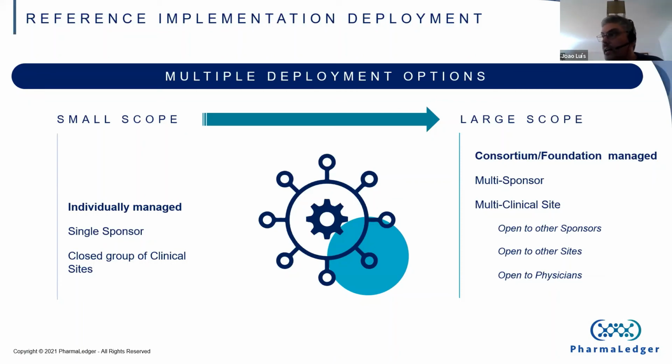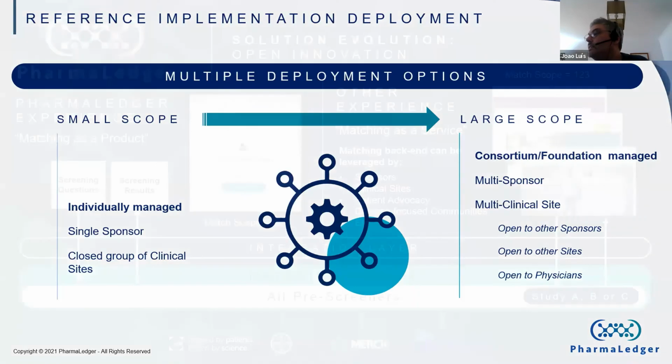So the software can work in both ways. The decision on how to use the software is left to the people and not to the software. Can I go one more slide?